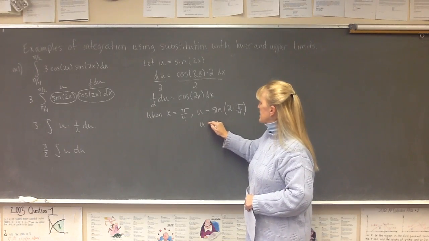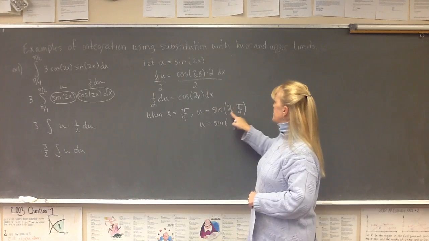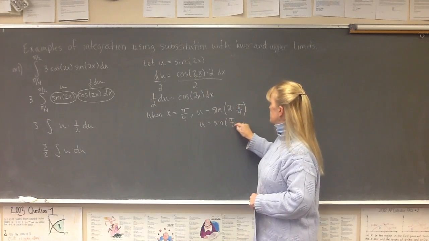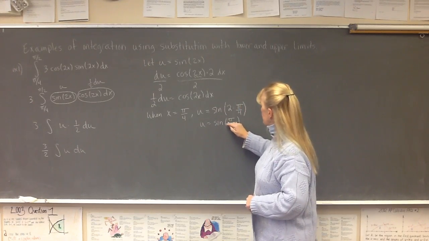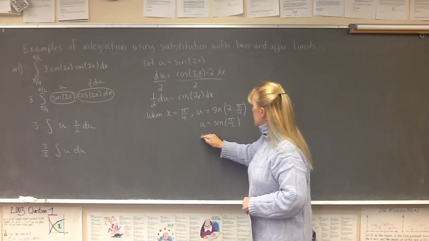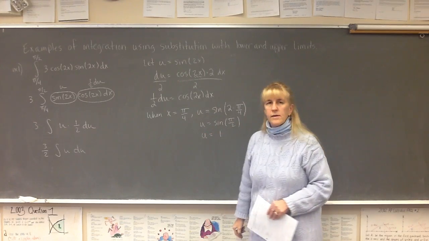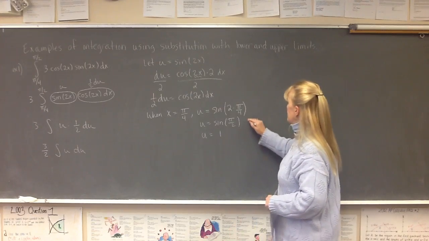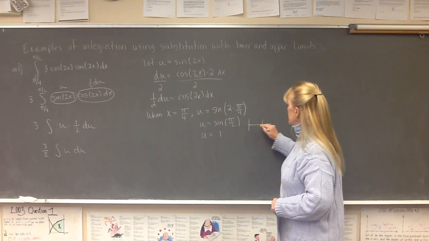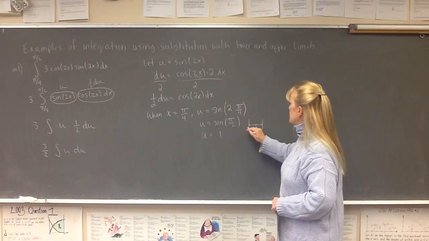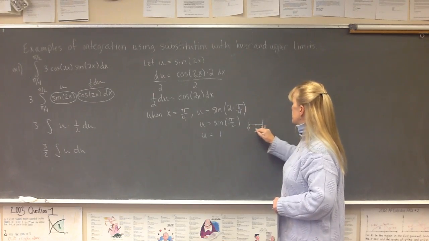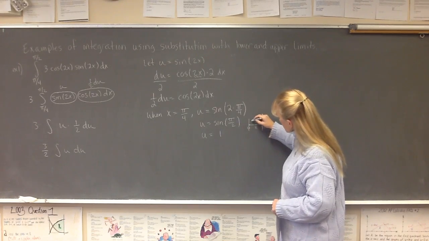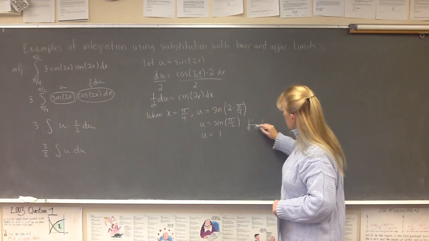And then I will evaluate this. 2 times pi over 4 is pi over 2, and the sine of pi over 2, I hope everybody knows, is what? Hopefully, we got the fact that it's a 1. The sine function starts at 0, ends at 0, halfway in the middle it's also at 0, and I'm talking about from 0 to 2 pi. The sine function goes up and then it goes down.